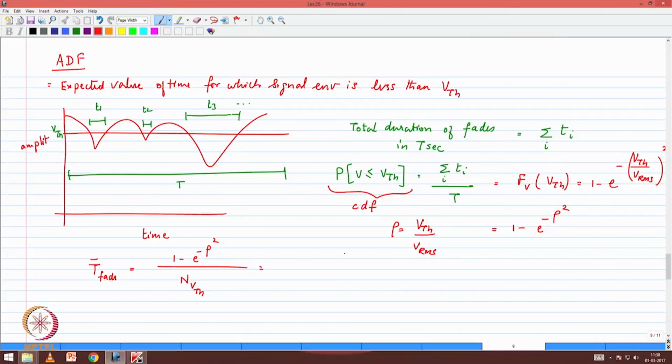If you just substitute for NV from the previous example, this comes out to be e power rho squared minus 1 divided by root 2 pi FD times rho. That is the average duration of a fade.